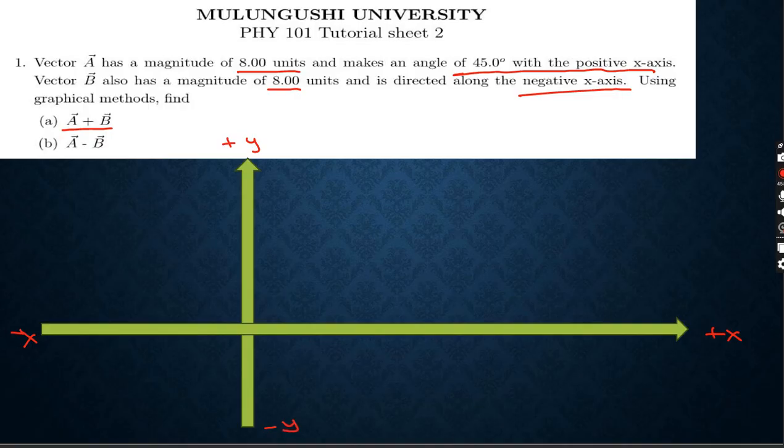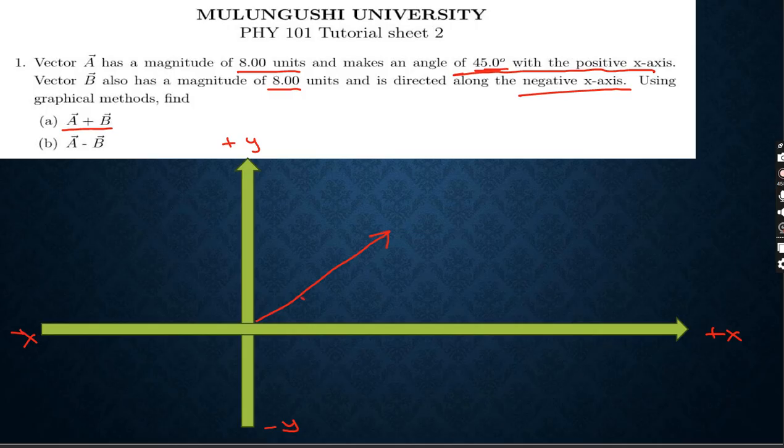The first question is to find by graphical method vector A plus B. As usual, we draw vector A. We have been told that it is making an angle of 45 degrees with the positive x-axis.